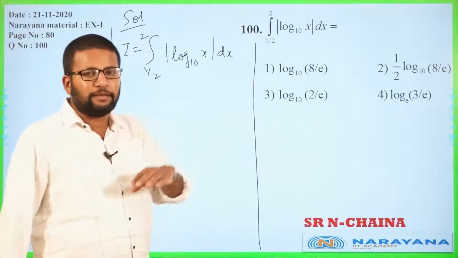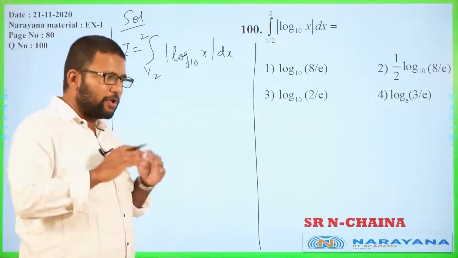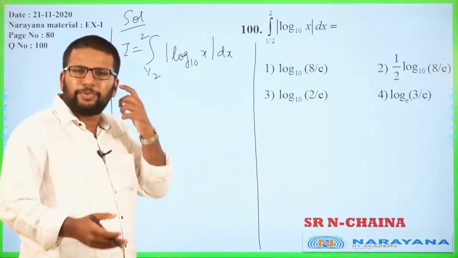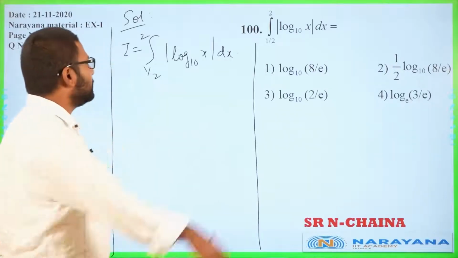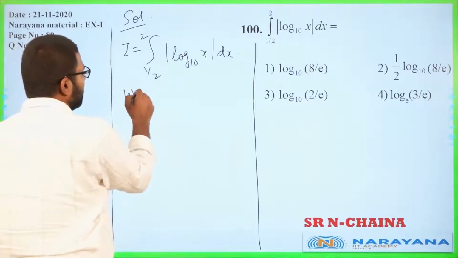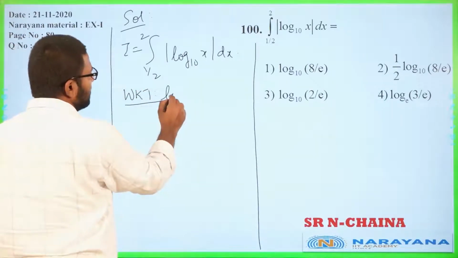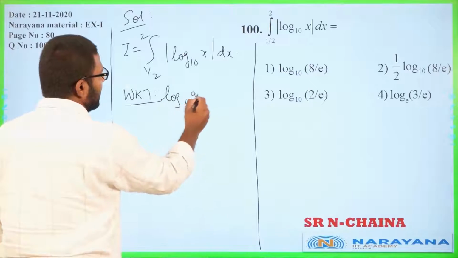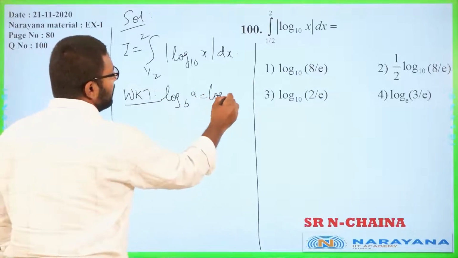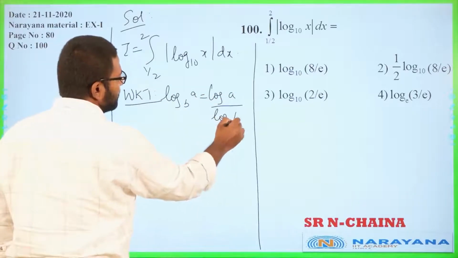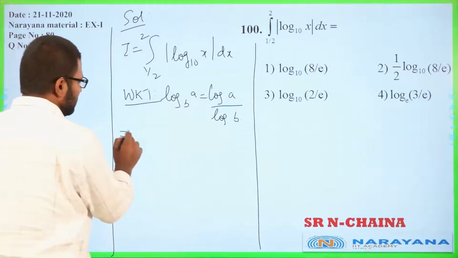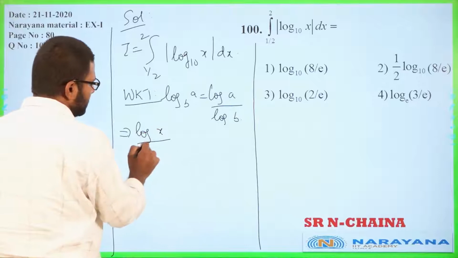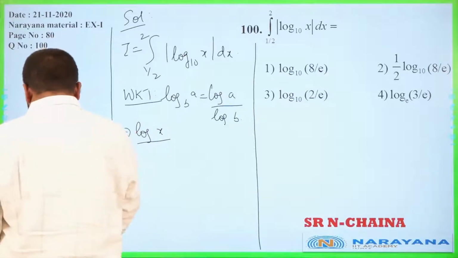Don't leave the base as 10 because all the formulae that we are used to using need the log base to be e. So first we will apply properties of log. We know that log a to the base b can be written as log a upon log b, right. So understood, the base is e.